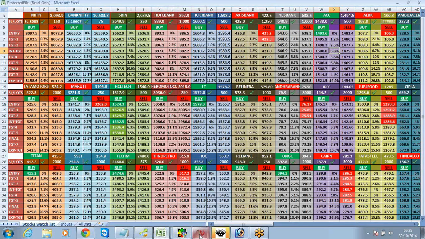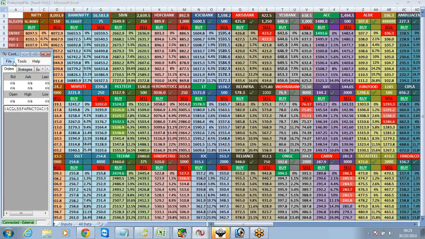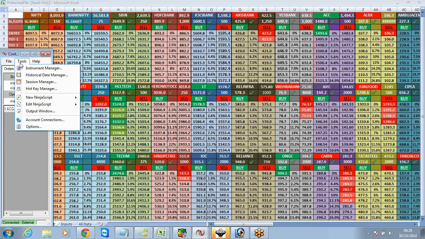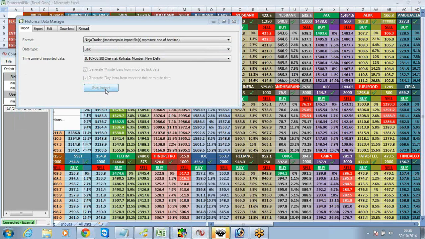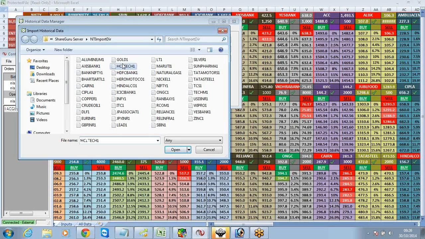So let me just open the charts, but otherwise you can just keep watching. You can just watch HCL Tech. It will make its final target.